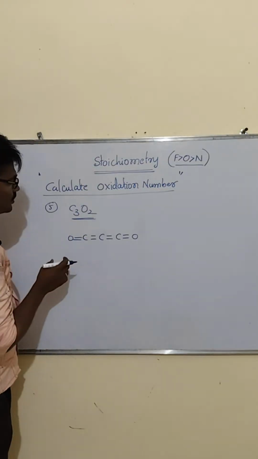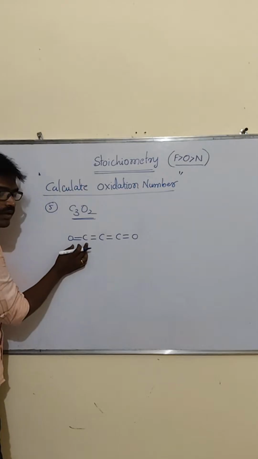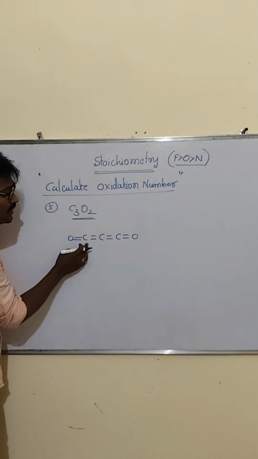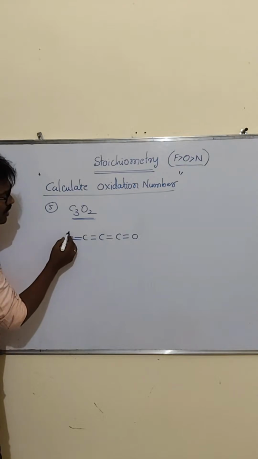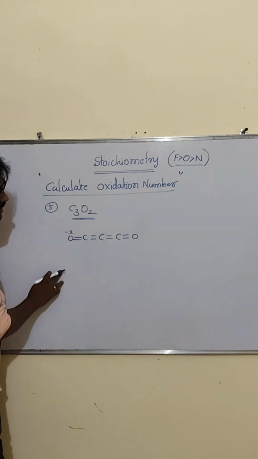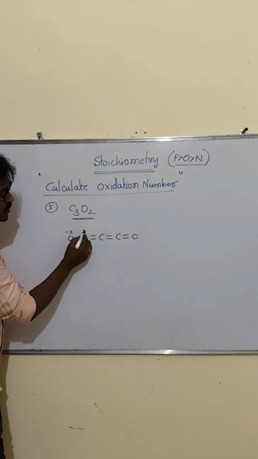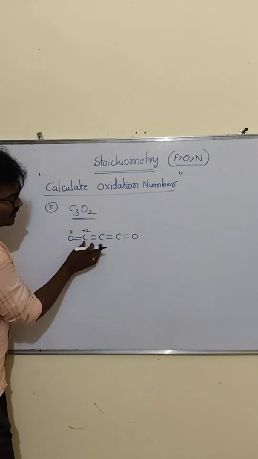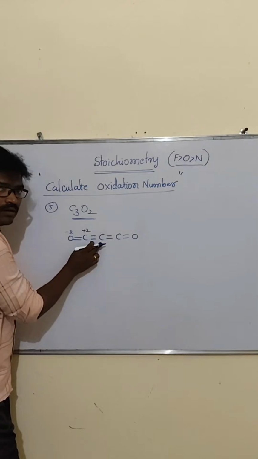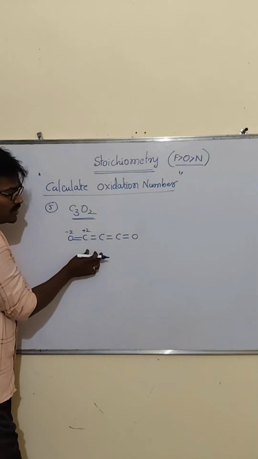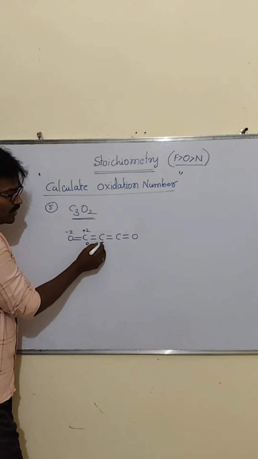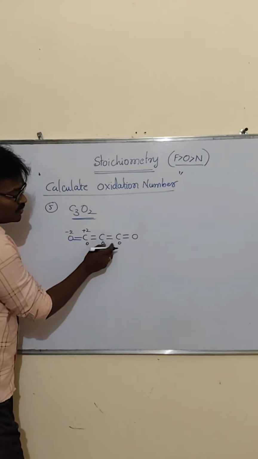I told you that first we have to take between the two atoms. Taking carbon or oxygen, which is the most electronegative? Oxygen is the most electronegative. So you have to take -2 on it, then +2 on carbon. Then between the carbons, same atoms are there. Electronegativity difference is 0, so oxidation states are 0, 0 only. Even in this case also 0, 0.